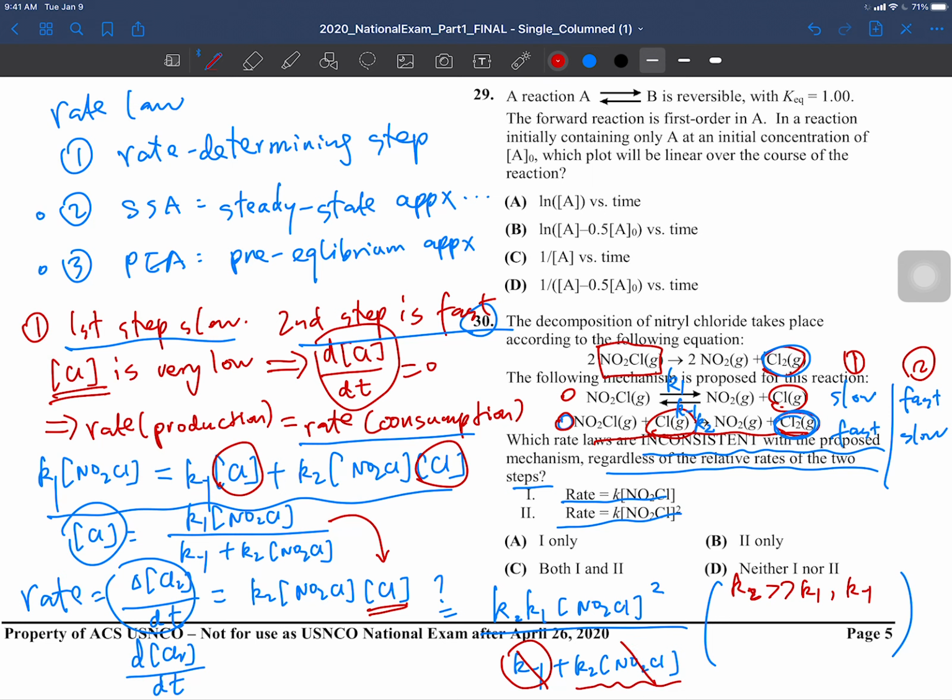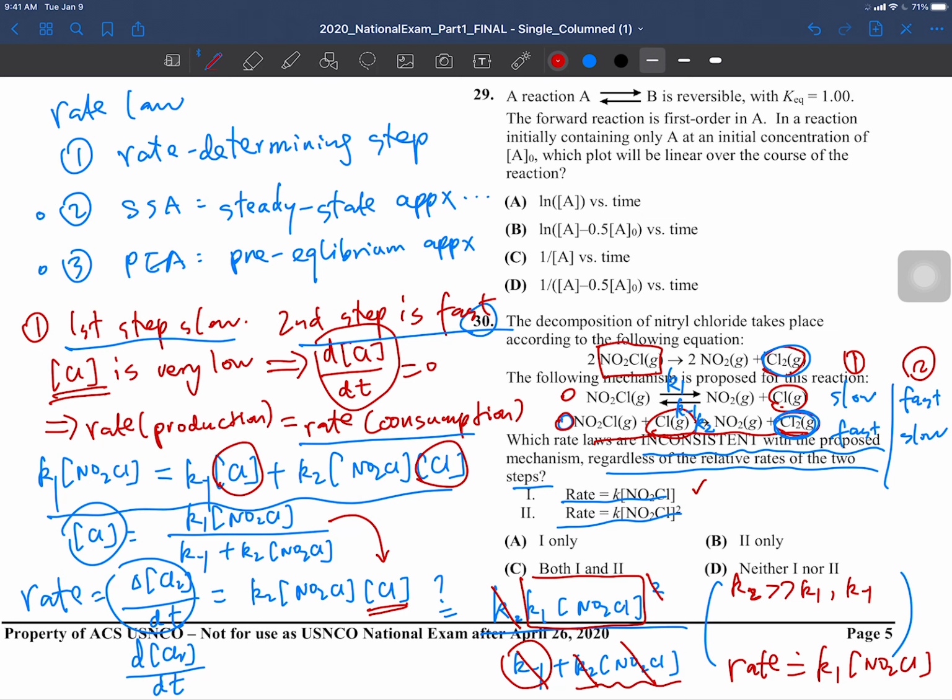Finally, we can continue to cancel more stuff. Oh, finally, what do we got? We got this. So the final conclusion, the rate pretty much equals K1 times NO2Cl, which gave us the first one, right?